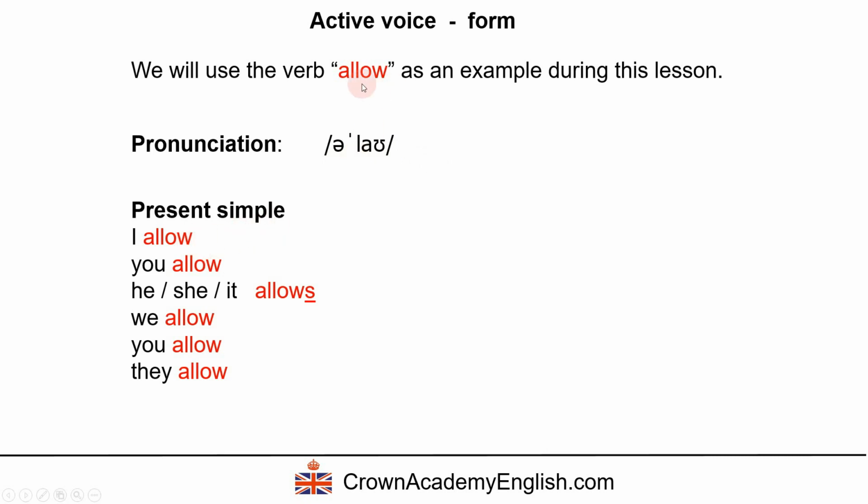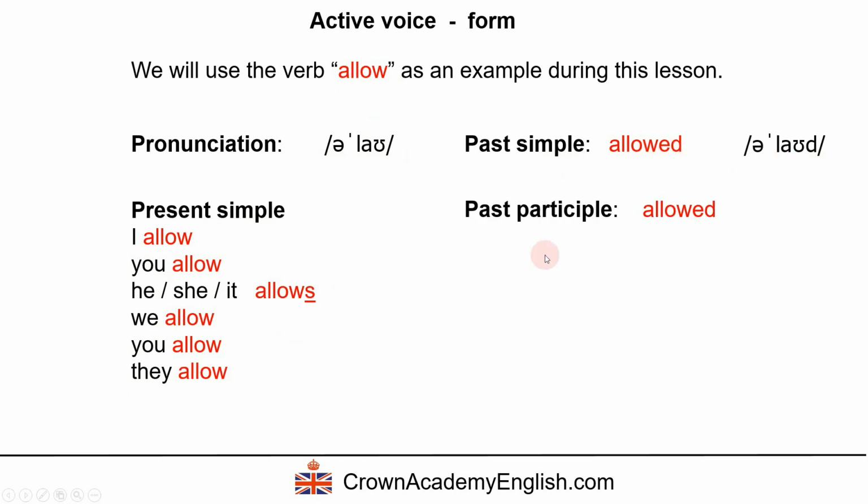It's a regular verb. I allow, you allow, he, she or it allows with an S. We allow, you allow, and they allow. So very simple. The past simple is allowed, and the past participle is also allowed.